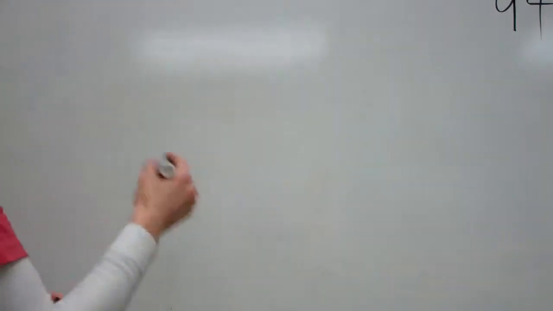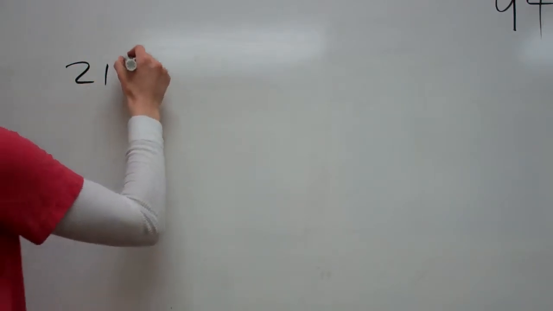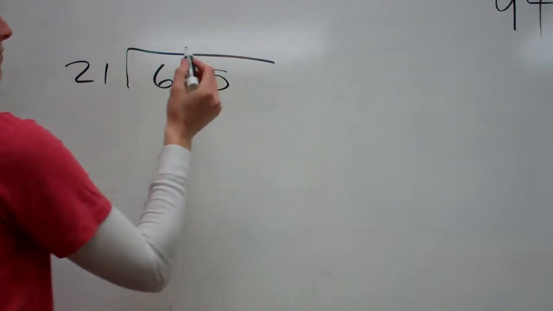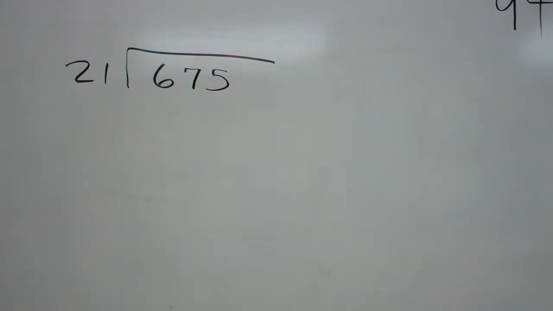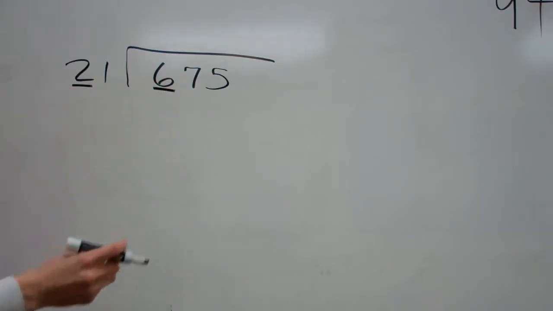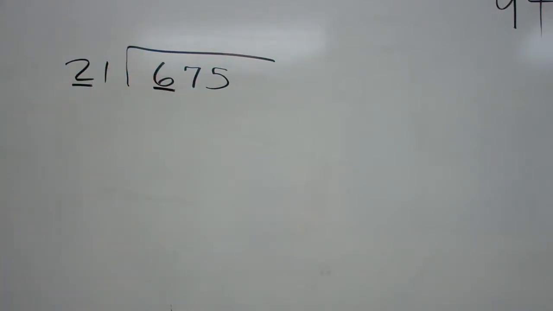Let's say I had 21 goes into 675. What I would do is ask myself, just by looking at the first numbers, what do I think 2 will go into 6? 3.